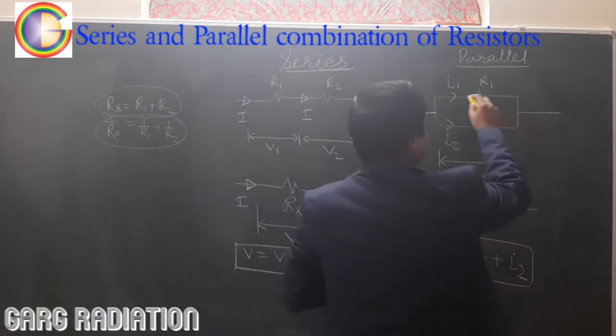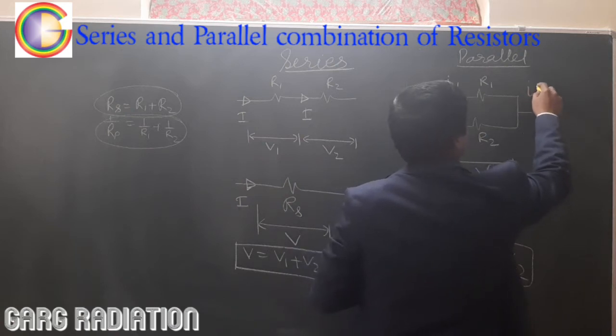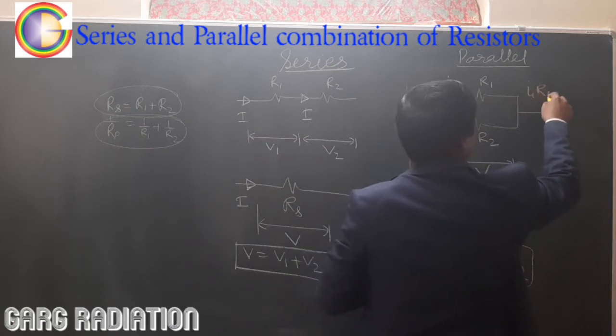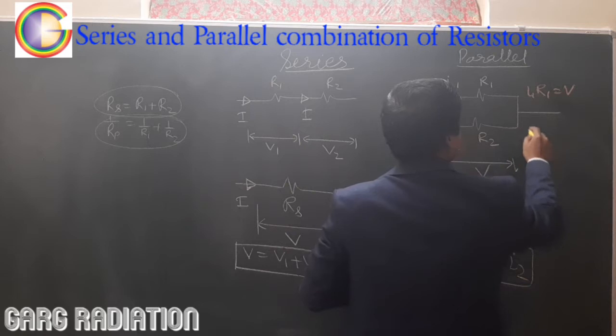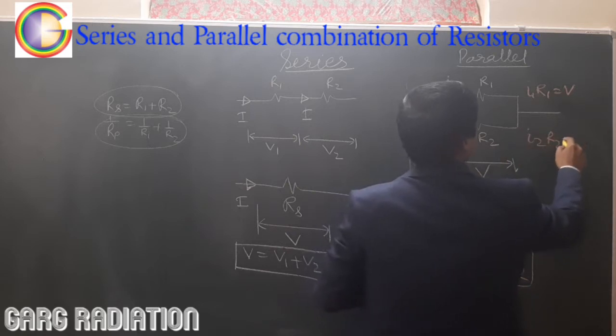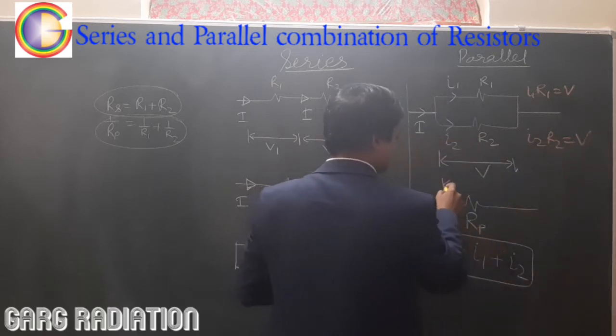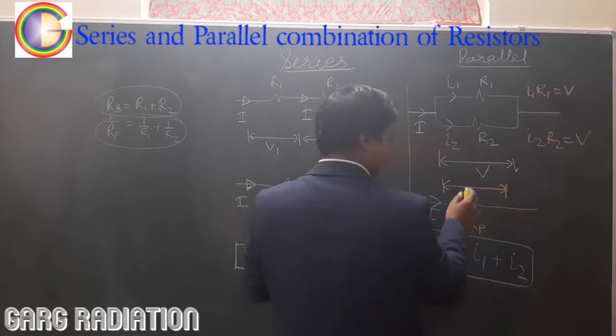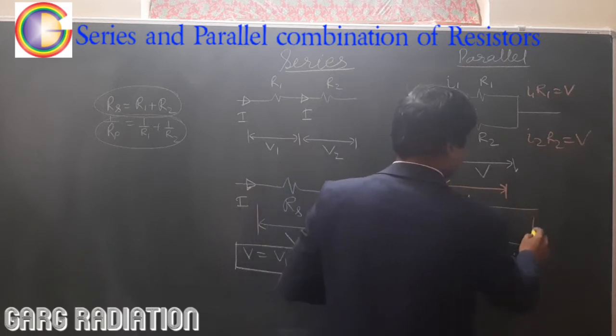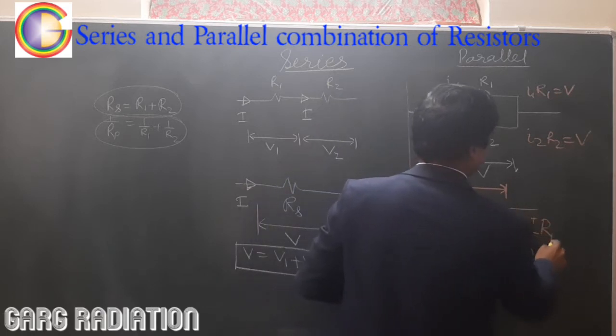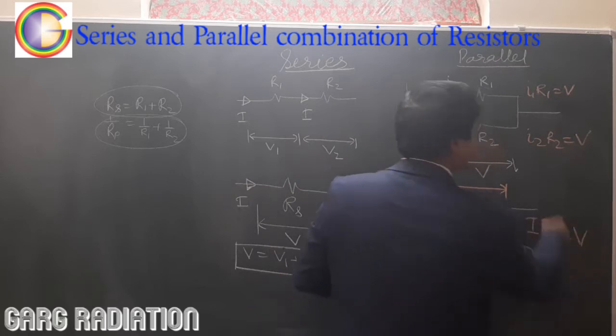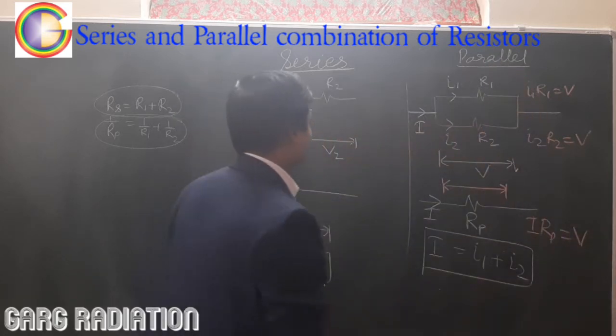So here I1 into R1 equals V, and I2 into R2 is also V. Here also the same potential difference is there, even in the equivalent case, so I into Rp is also V. All of these have the same potential difference.